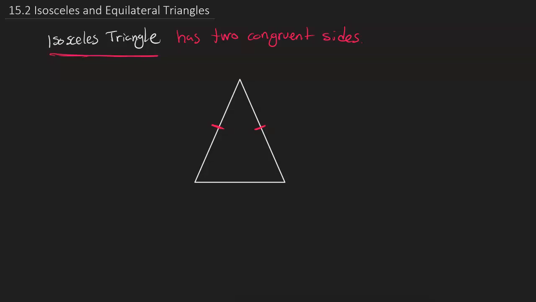And I can label certain features of this, and this is certain terminology that we would use with something like an isosceles triangle. So these right here would be referred to as the legs of the isosceles triangle. So those are the congruent sides.